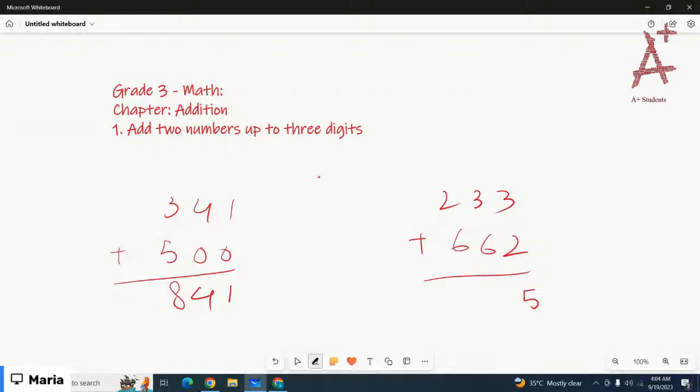Then 6 plus 3 makes 9, and then 6 plus 2 makes 8. Very good. So when you have to add 233 and 662, the correct option is 895, right?